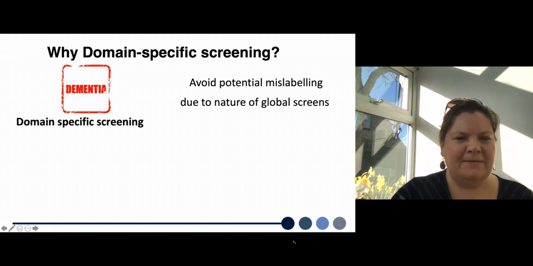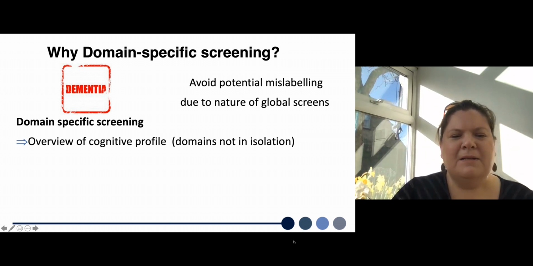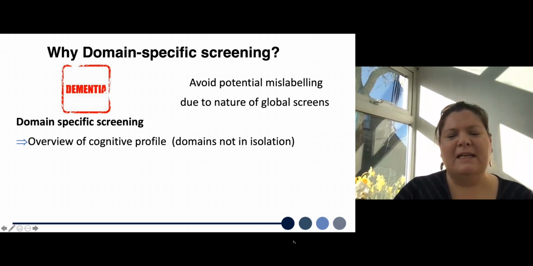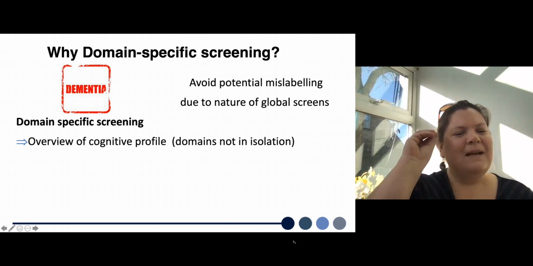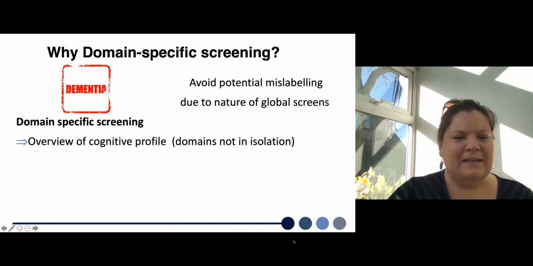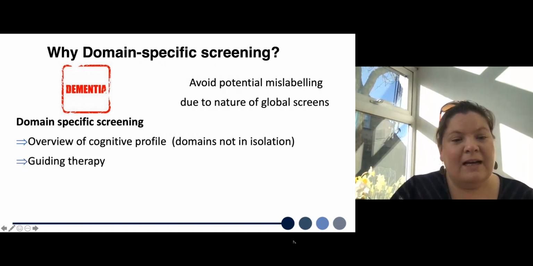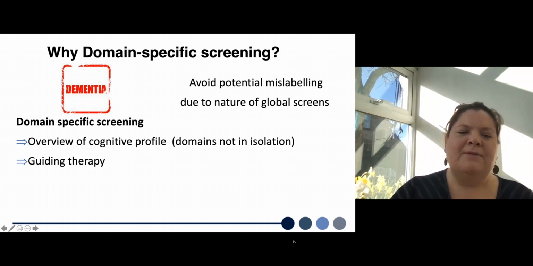So with domain-specific screening, you get a much clearer overview of the cognitive profile. Remember those guidelines, try and not look at those domains in isolation, but understand where the strengths and weaknesses are. It can be used to guide therapy, knowing where someone's strengths and weaknesses are.